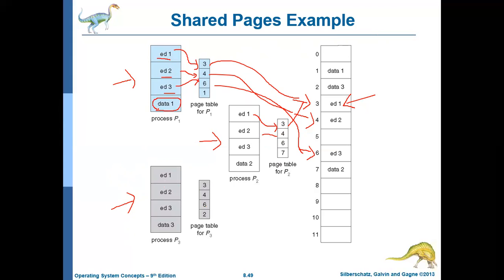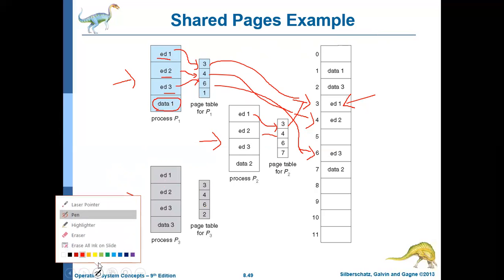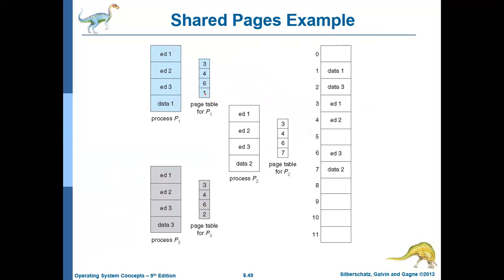See the data section: process 1's data section is mapped to frame 1. Process 2's data section is mapped to frame 7. Process 3's data section is mapped to frame 2. Whereas for editor 1, editor 2 and editor 3, all three processes are mapped to the same locations of the physical memory.